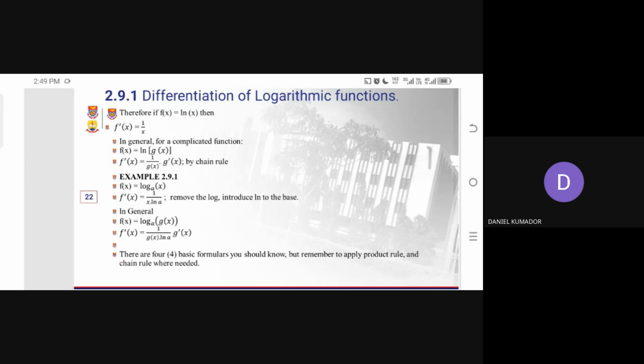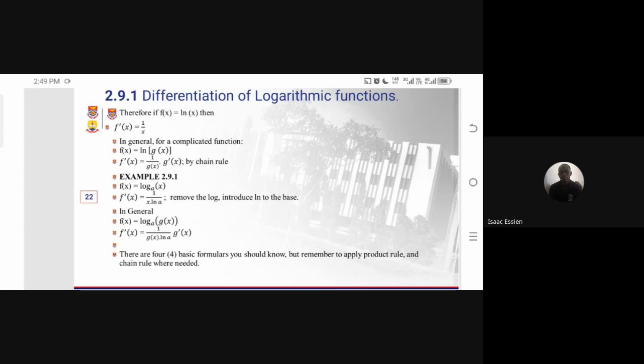So in general, for a complicated function, when the function f of x is equal to ln g of x, this is how you differentiate it. f prime of x is equal to 1 over g of x times the derivative of g of x.